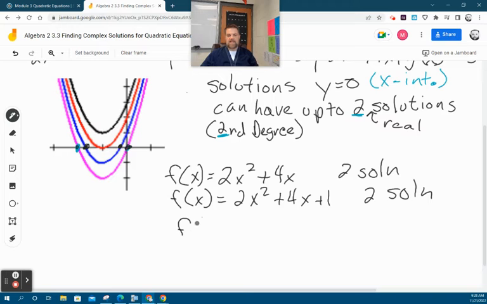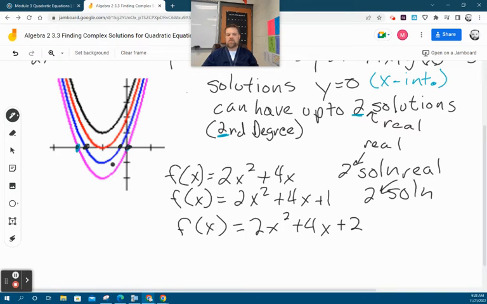Now, when I look at the next one, which is f of x equals 2x squared plus 4x plus 2, I keep skipping this, but say two real solutions. So there's two solutions for sure, but we're talking about two real solutions. Now, that means it's a real number solution. It only crosses one time.